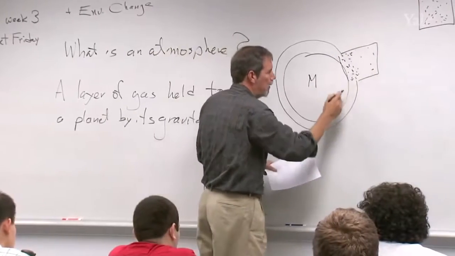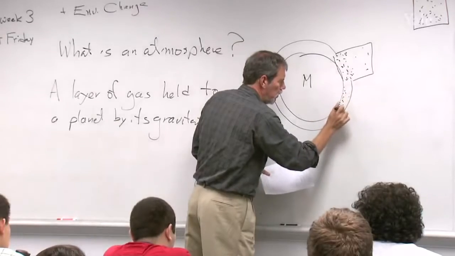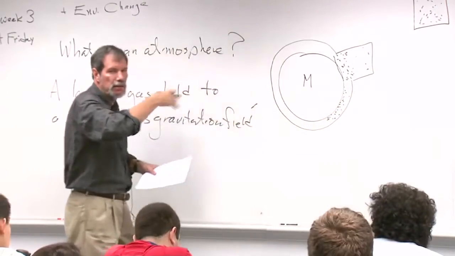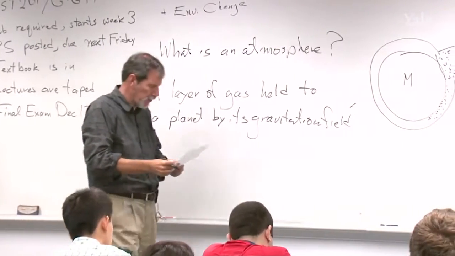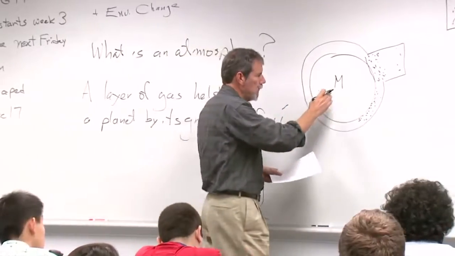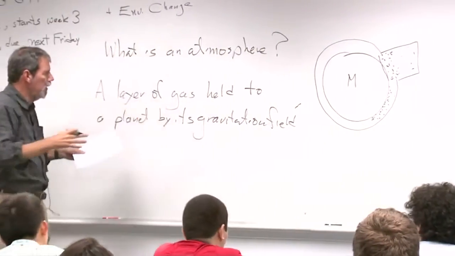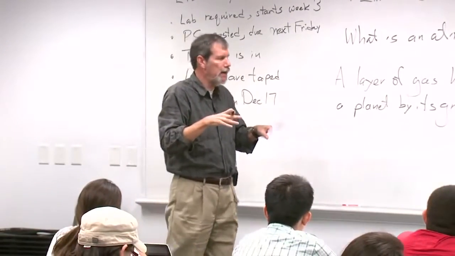Just like it was in the box here, there's going to be a few more molecules down below and fewer up at the top. So you're going to have that gradient because of the gravity field. But basically, it's going to be held there by the gravity field. So that's what I mean by a layer of gas held to the planet by the gravity field.